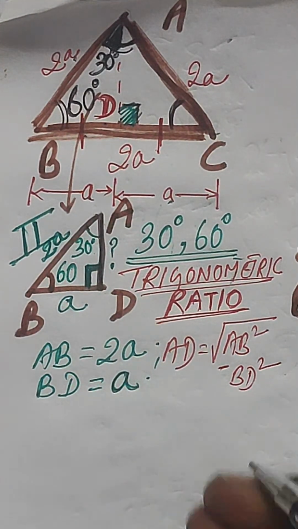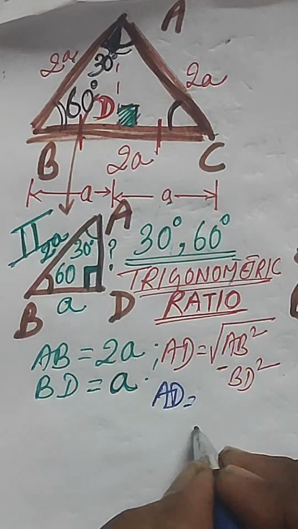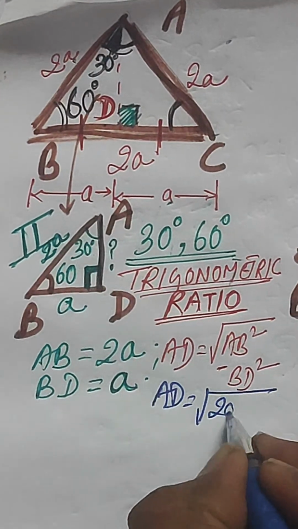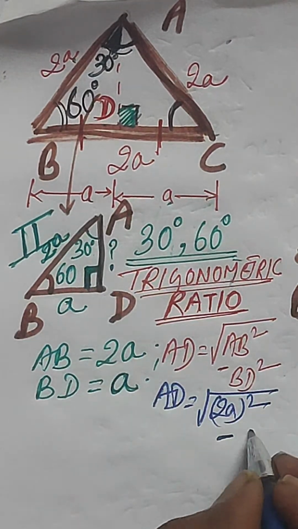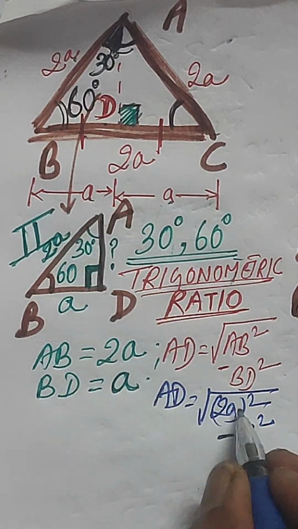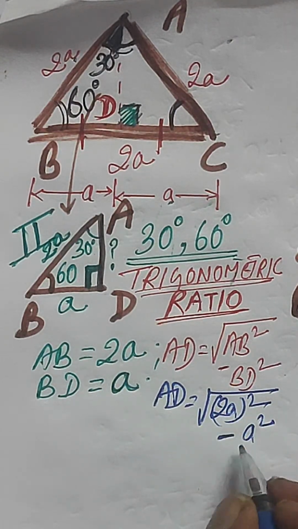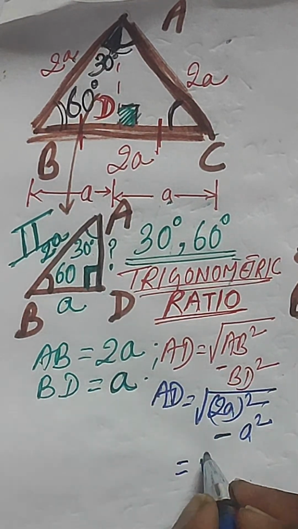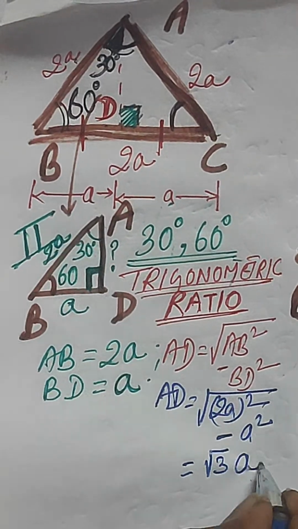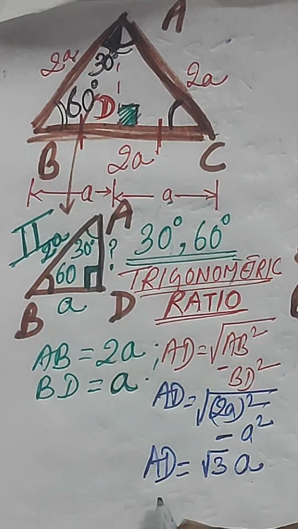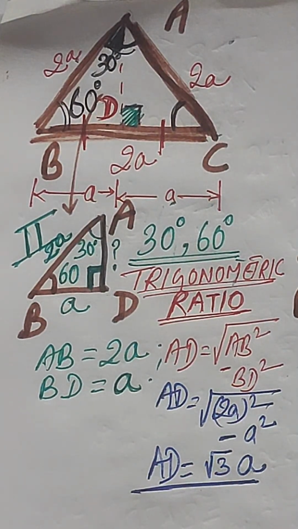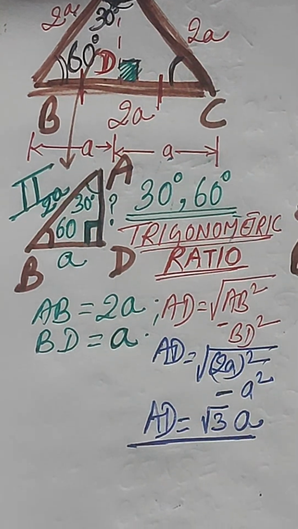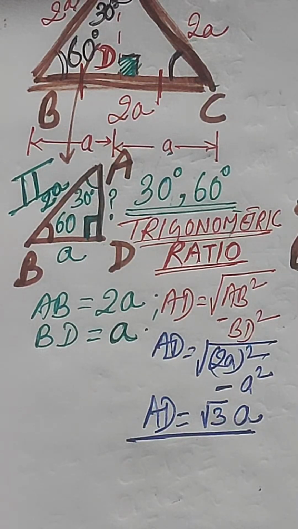So this gives the length of AD as root of 2a whole square minus BD, that is a square. 2a square is 4a square minus a square. So this gives us root 3a. Root 3a is the value of AD. Thank you, Shuhu.